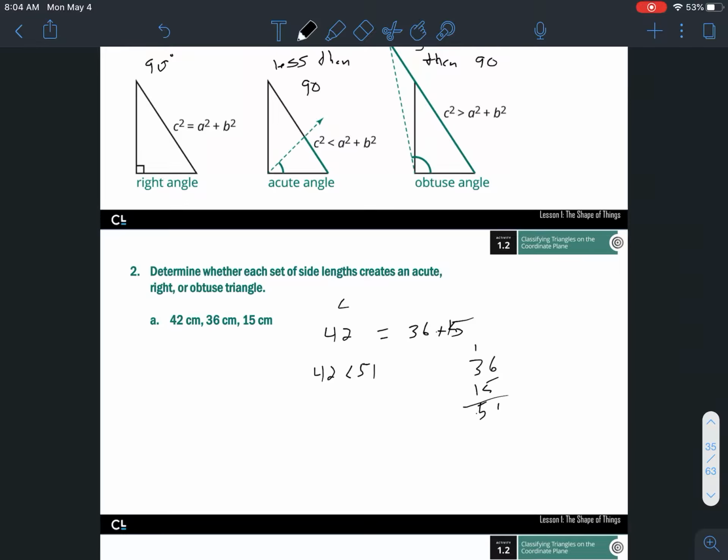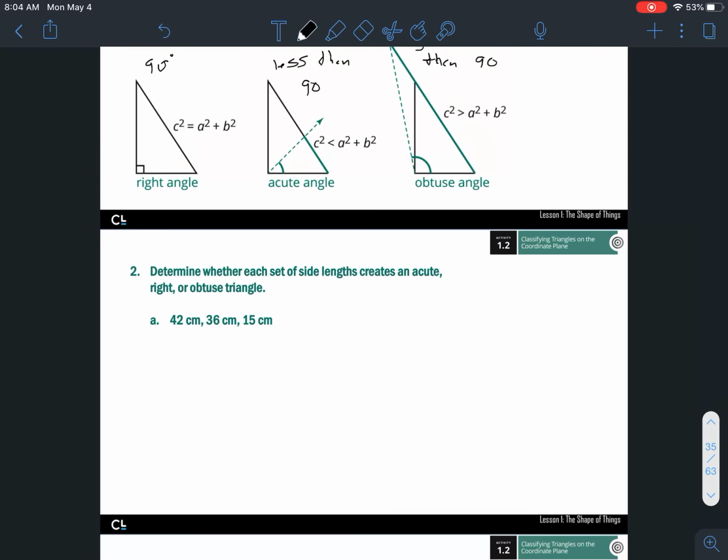Hold on one second, guys, because they just gave me the complete opposite of what we just came up with. Oh, here, this is why. I'm sorry, guys. I just added them together. Erase this. I'm sorry.